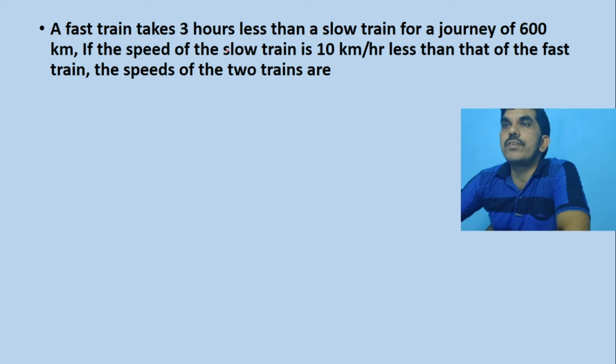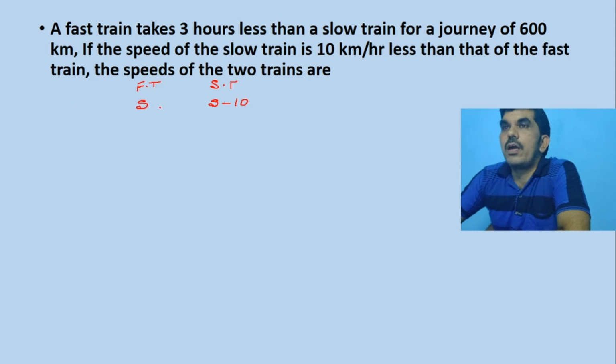If the speed of the slow train is 10 kilometers per hour less than that of the fast train, the speeds of the two trains are. So I'll consider the speed of the fast train as s. If the speed of the fast train is s, what is the speed of the slow train? S minus 10. This is the fast train, this is the slow train.